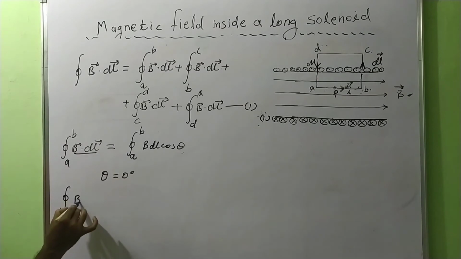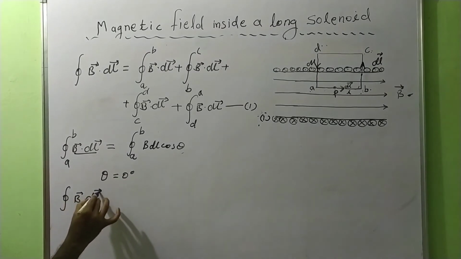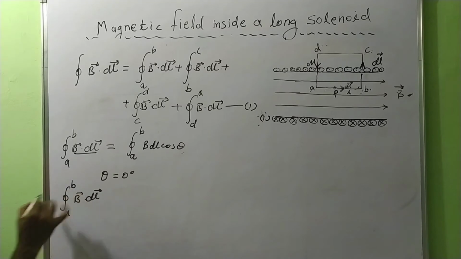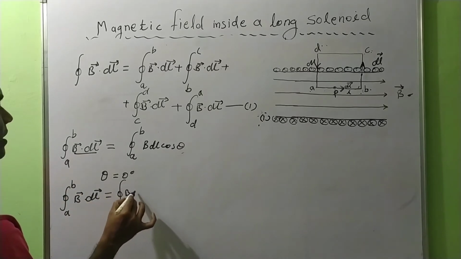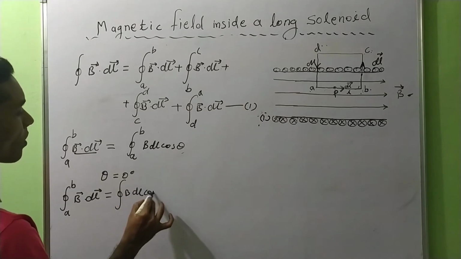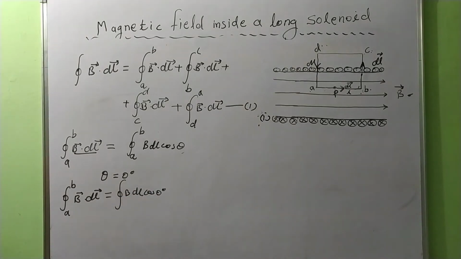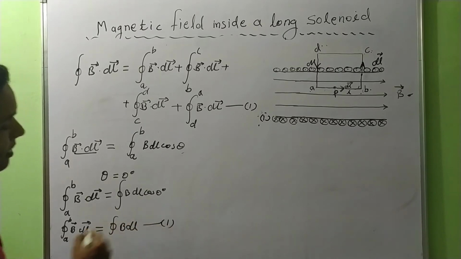That's why the line integral of magnetic field along path AB will be equal to the integral of B dl cos 0 degrees. Cos 0 degrees equals 1. That's why the line integral of magnetic field along AB is equal to the integral of B dl. Let this be equation second.